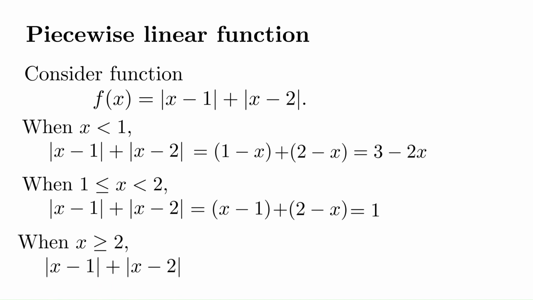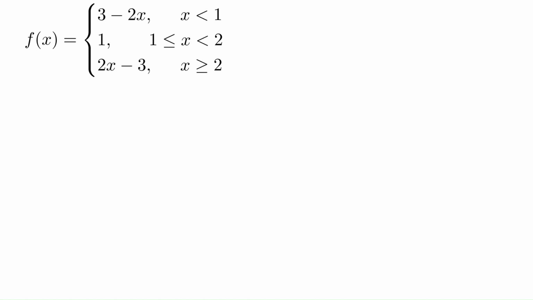When x is greater than 2, both x minus 1 and x minus 2 are positive, and the absolute values sum up to 2x minus 3. So f of x is a piecewise linear function with three pieces.